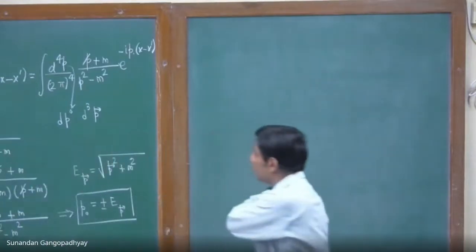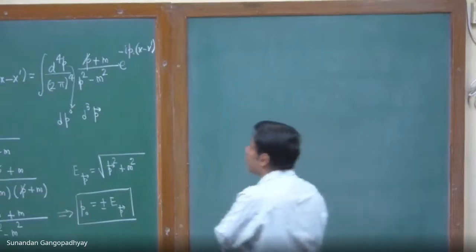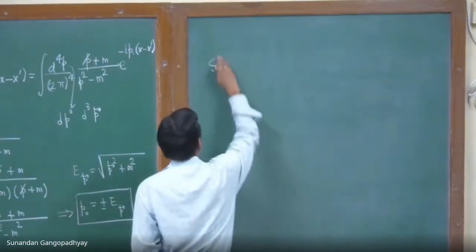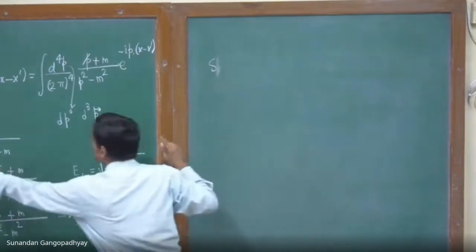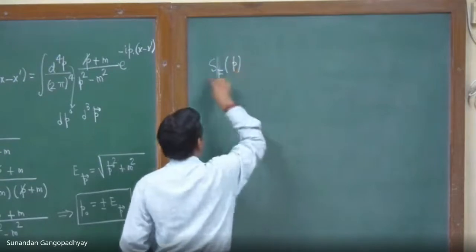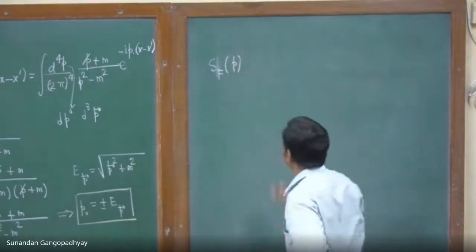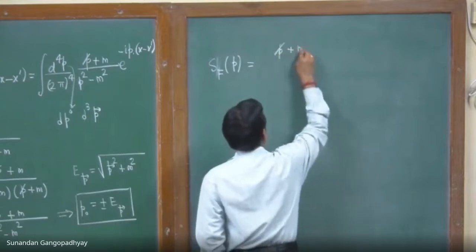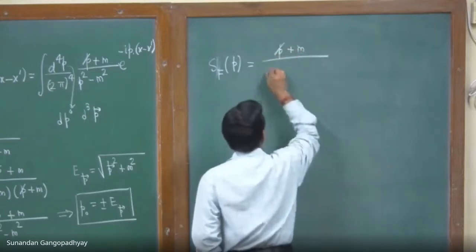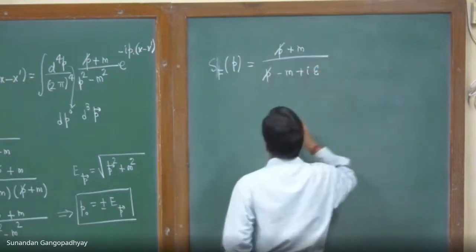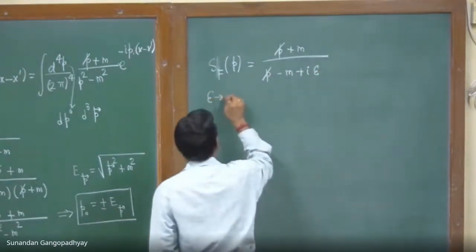So what we shall do is once again employ Feynman's epsilon prescription. We shall say that this was S(p), but now let us construct another function S_F(p), which is nothing but (p slash plus m) divided by (p squared minus m squared plus i epsilon), where epsilon is a very small positive number.